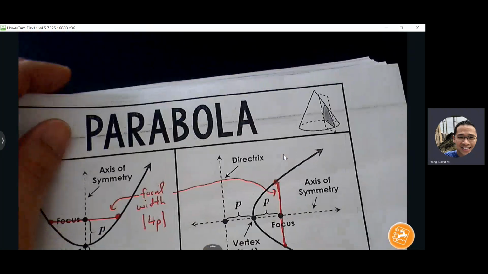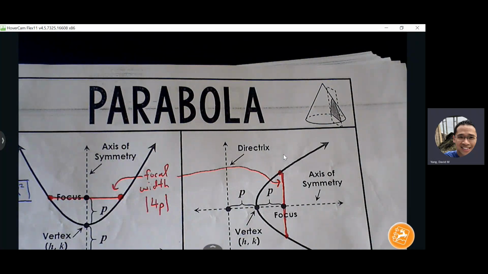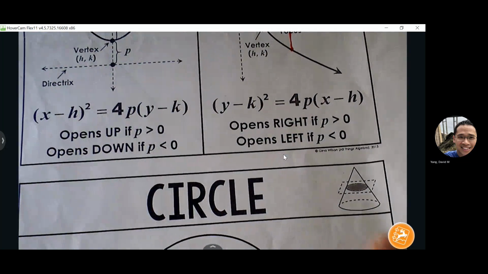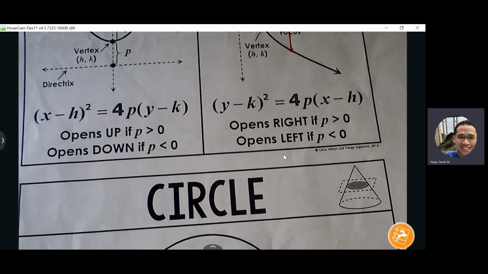And then a parabola would be taking a cone and doing a vertical cross section. And then if I were to take a sheet of paper and do it evenly, not on a slant, that would create a circle. But as soon as it slants, it will become an ellipse. So we call it conic sections because these are cross sections of cones.